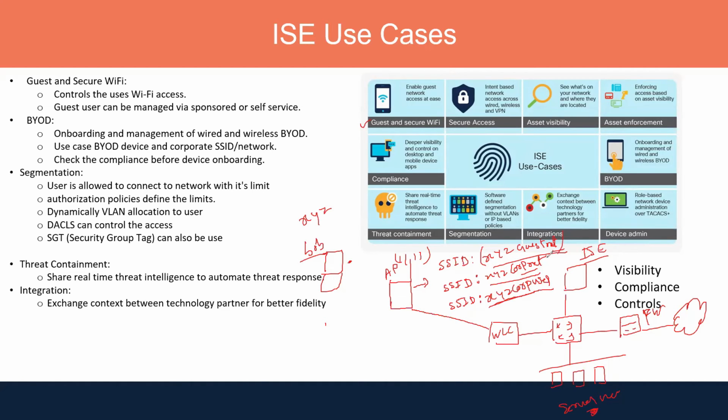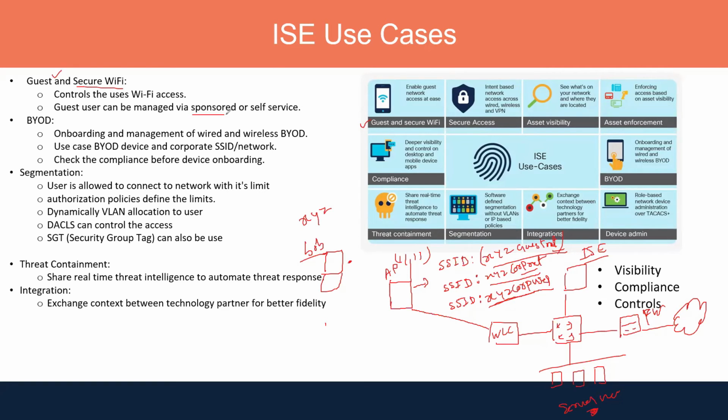Based on the SSID, it is going to put the user into that particular VLAN or group where he would have limited access, or access as a guest. So if you are using Cisco ISE, you can control guest and secure Wi-Fi access. Okay, how can you manage guest access? You can manage guest access in two ways.